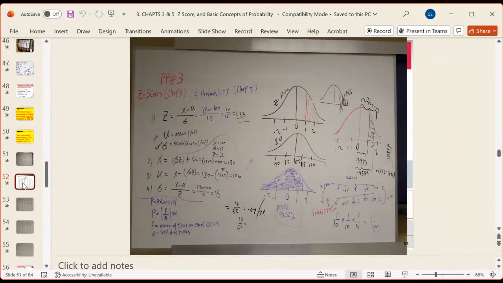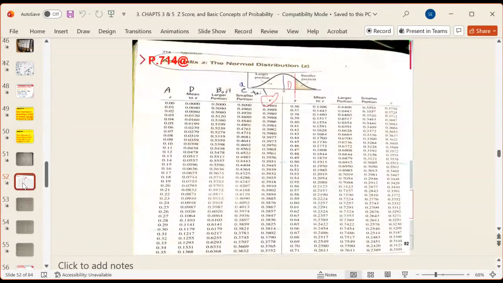Also, you need to have a book, because at the end of each book there are critical values. Here you're looking at the critical values for the Z-score, on page 744 of your text. The way it works is you'll see 5 columns on the left side of the screen and 5 on the right.